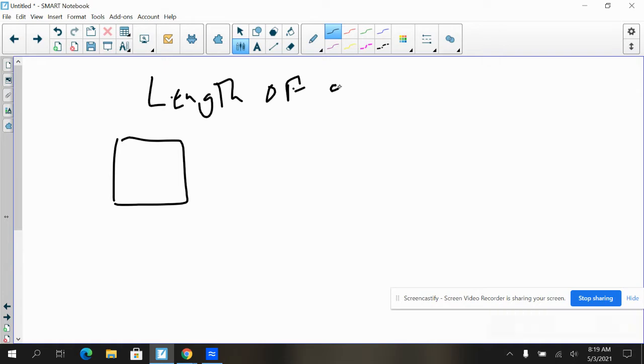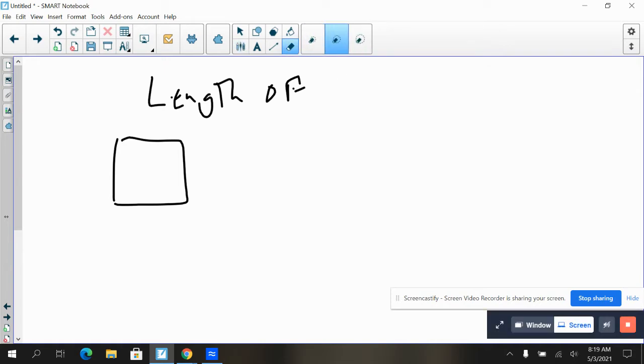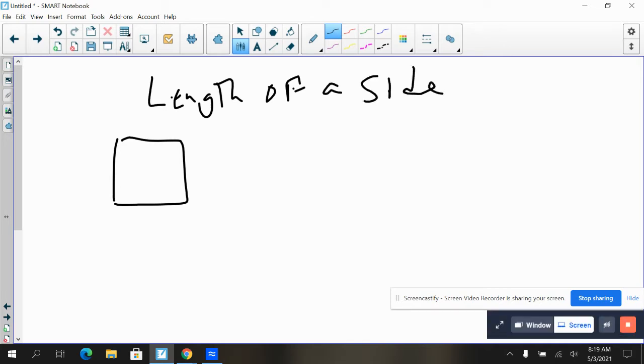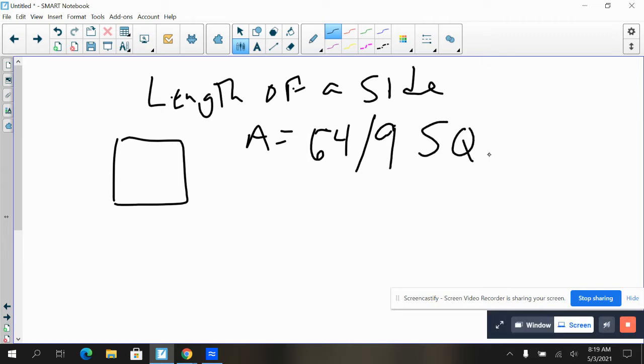Find the length of the side. Again, we'll say the area is 64 over 9 square units.